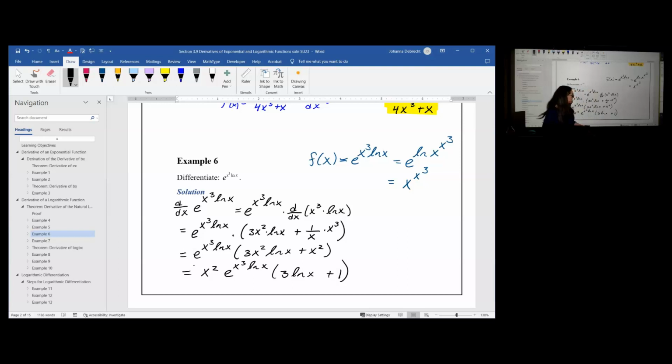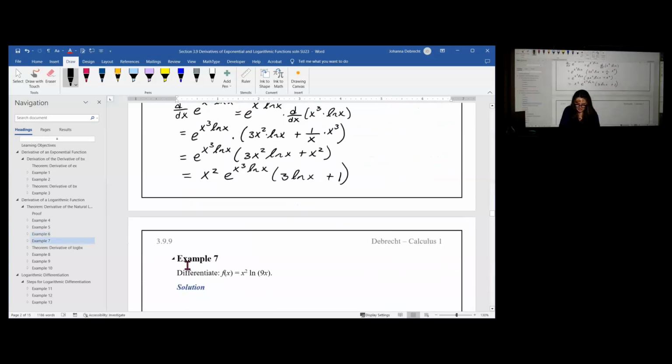Remember that it does leave a placeholder of +1 behind when you factor out that common x squared. We'll come back to this problem after we've learned logarithmic differentiation, and we'll solve it.